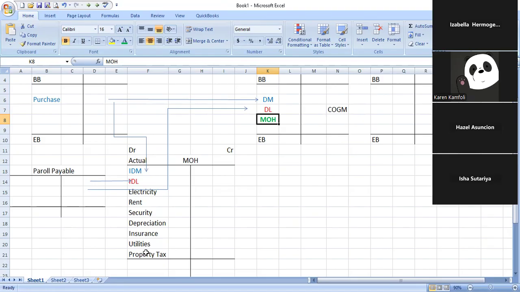So we're going to estimate. What are we going to estimate? We're going to estimate the total cost for the entire year. Okay, I have the cost for the year. What else do I have to estimate?